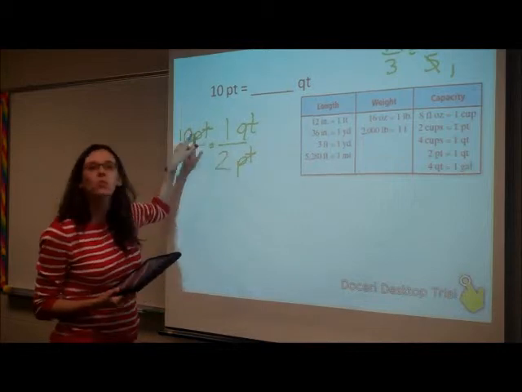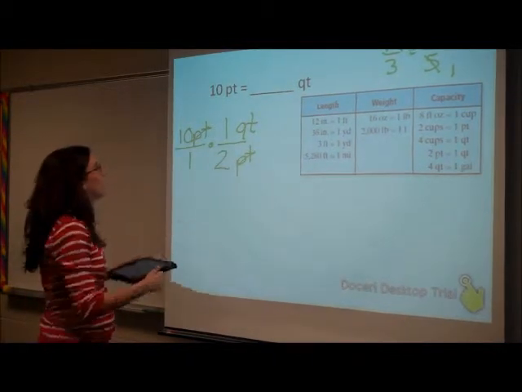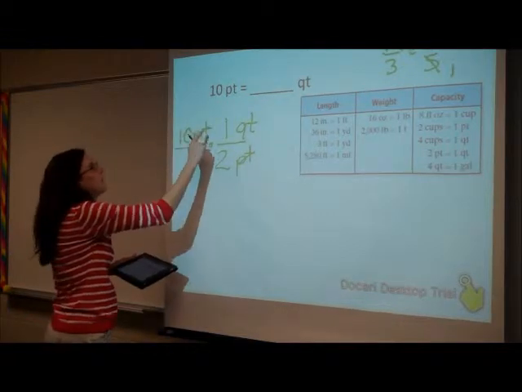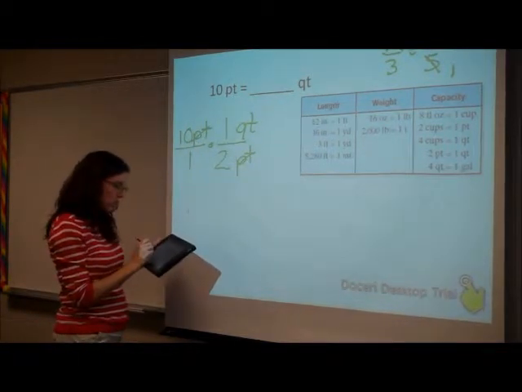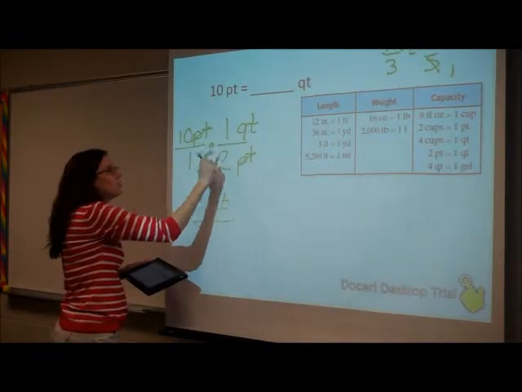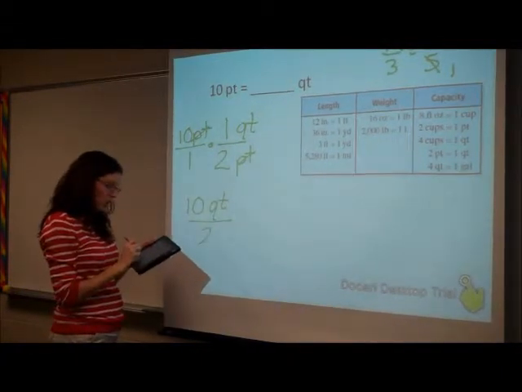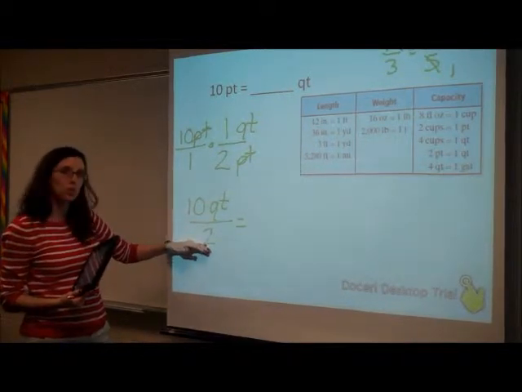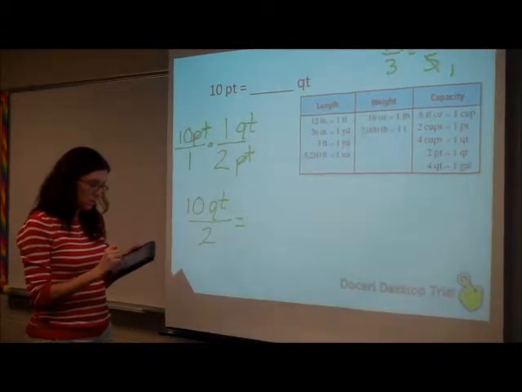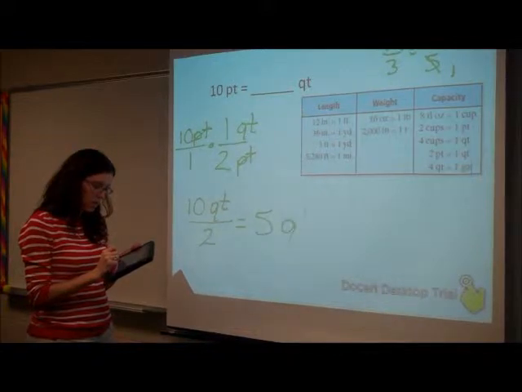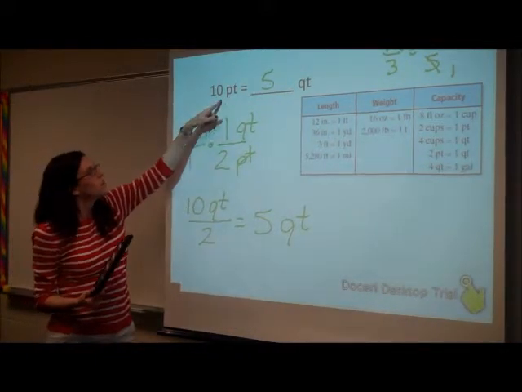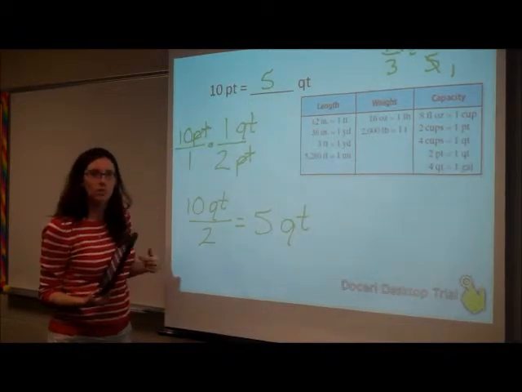Same thing here, we're dividing both of these by the pints. So multiplying my numerators will give me 10 times 1 quart, which is 10 quarts, divided by 1 times 2, which is 2. Well, what is 10 quarts divided by 2? That would give me 5 quarts. Okay? So 10 pints is equal to 5 quarts.